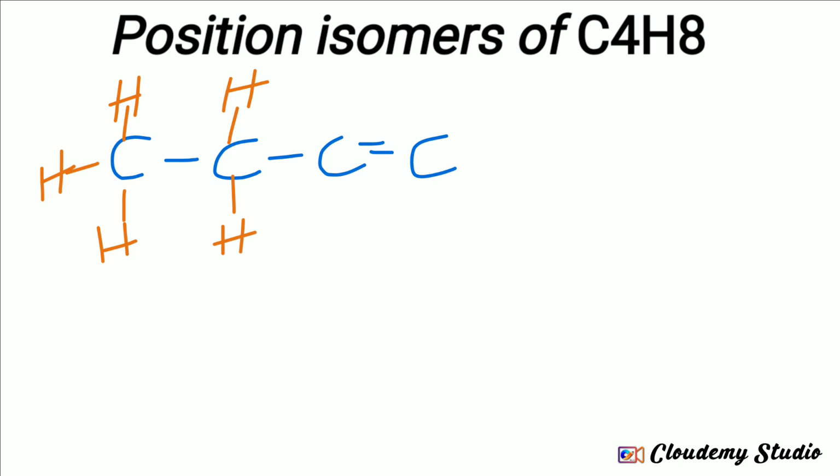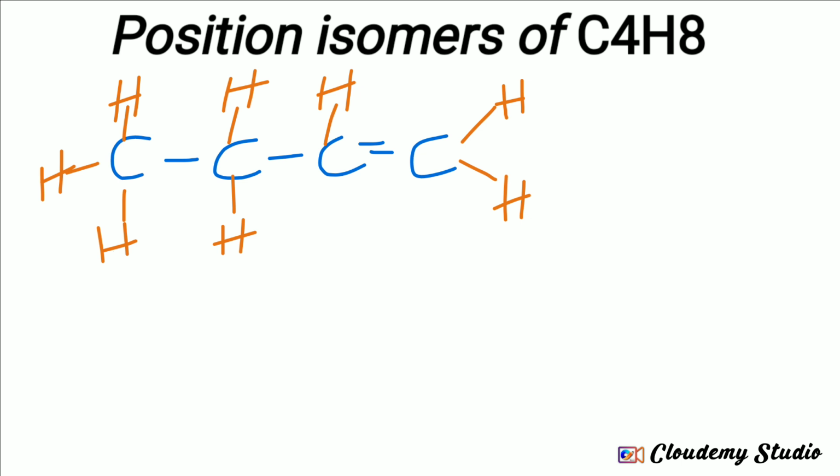And this carbon, it has 3 bonds already, so only 1 bond is required, and that bond can be displayed at the top and can be filled with the hydrogen atom. And this carbon atom has 2 bonds already, a double bond, so remaining 2 bonds are needed that can be filled with 2 hydrogen atoms.